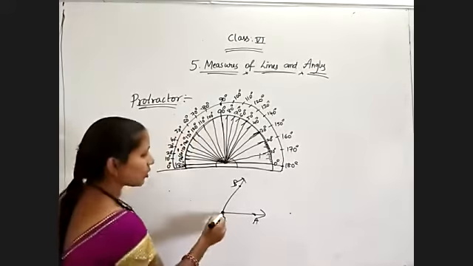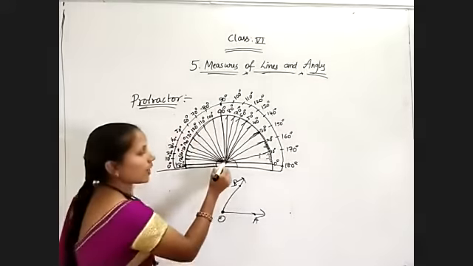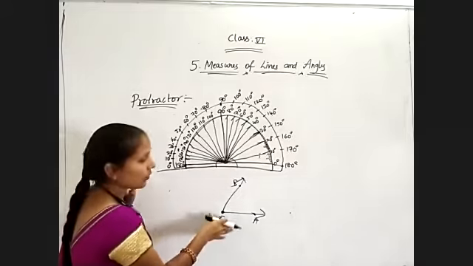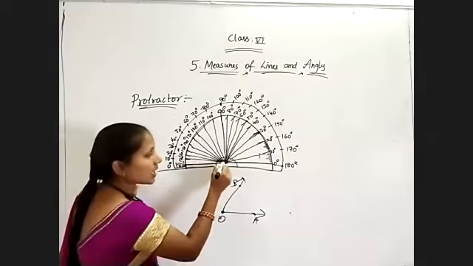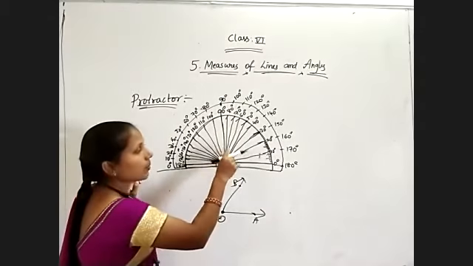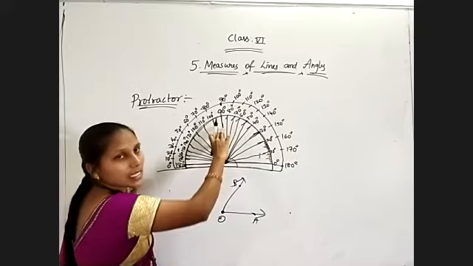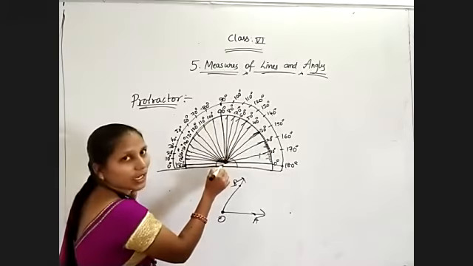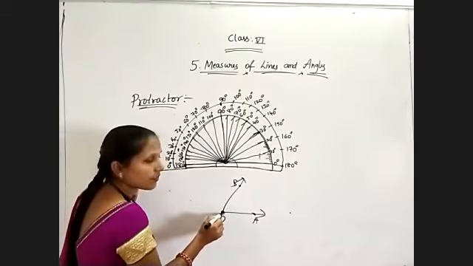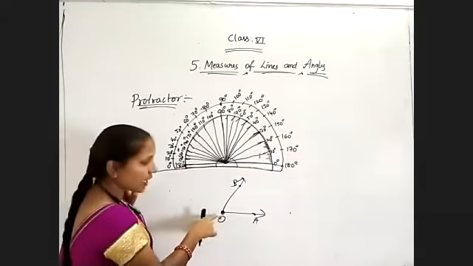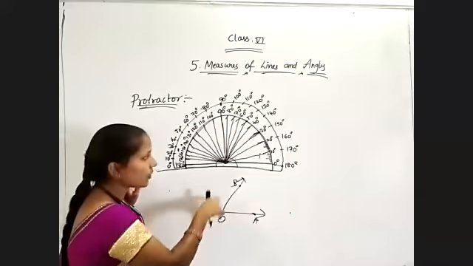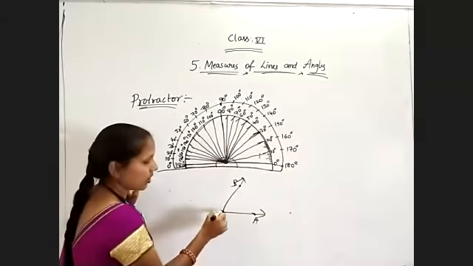Now, I want to find out angle O. Please place the intersecting point of 180 and 90 degrees, that is the vertex point of the protractor, on the vertex of the required angle. So here the vertex is O, yes or no? Here you need to place this common vertex point.